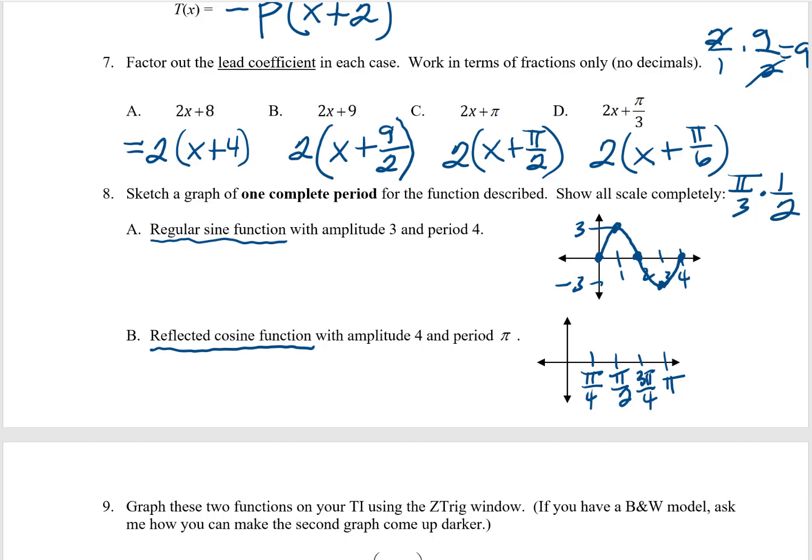And then 4 pi over 4 would be pi. My amplitude is 4, so I'll mark that on top and bottom. And then reflected cosine as the ghost starts at the low, then middle, then high, back to middle, and then low. Make sure it has that good curved shape. And I'm all set. It's reflected cosine, amplitude 4, period pi.